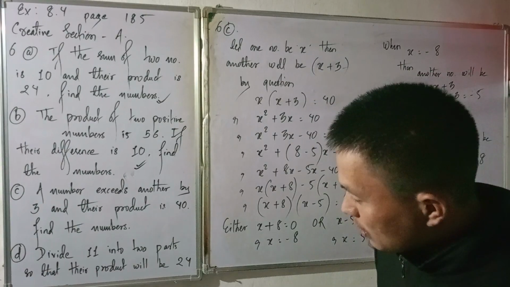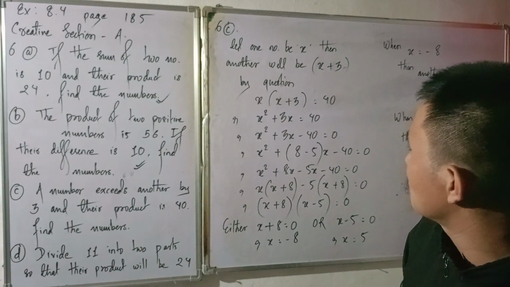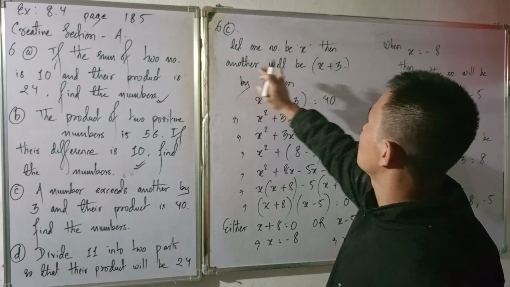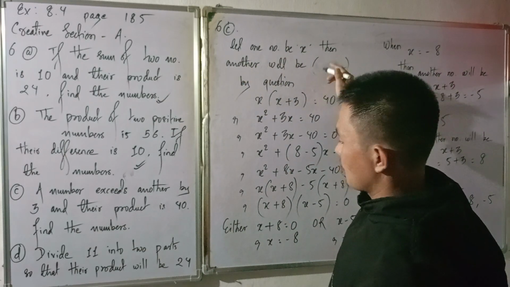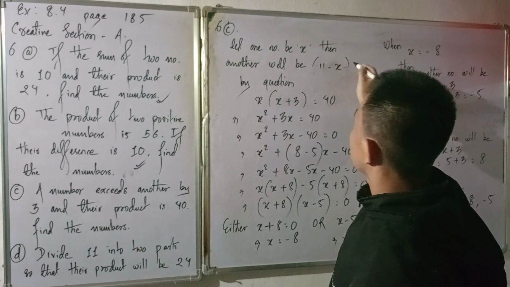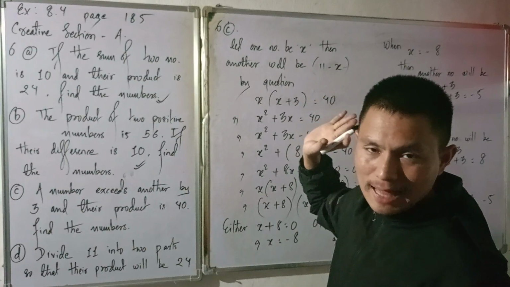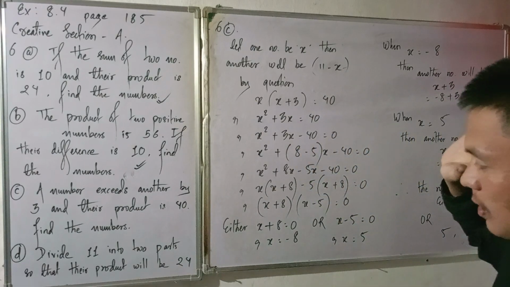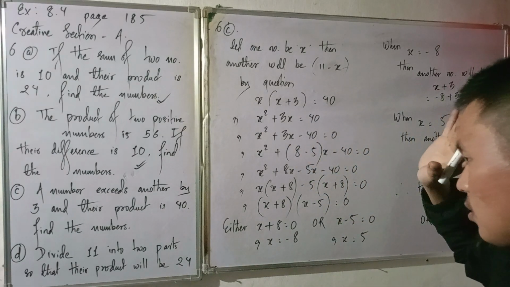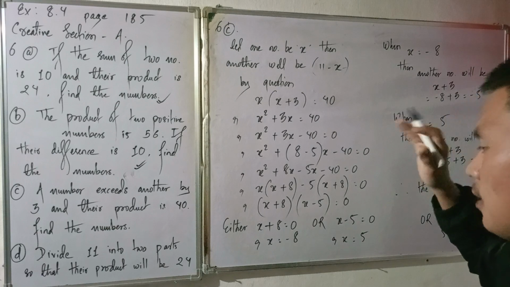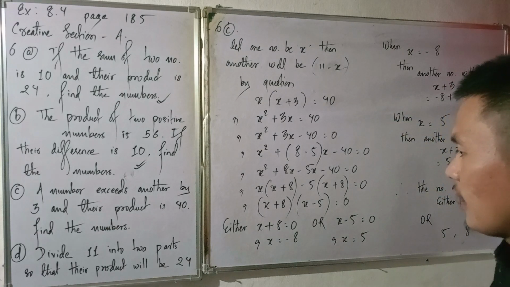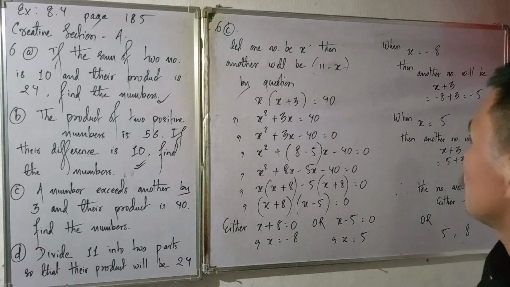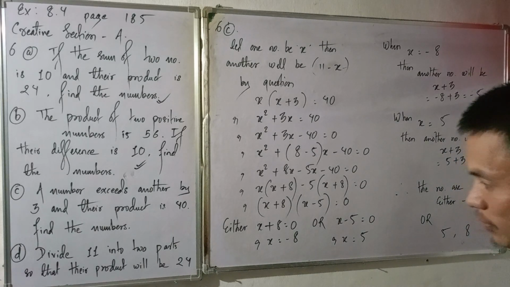So if you consider a certain number x, let one number be x, then the other must be 11 minus x. That's it. That is what the question is trying to convey. Now the product must be 24.